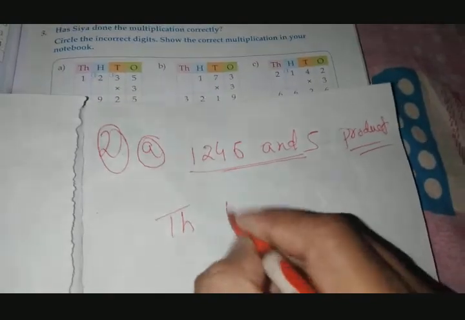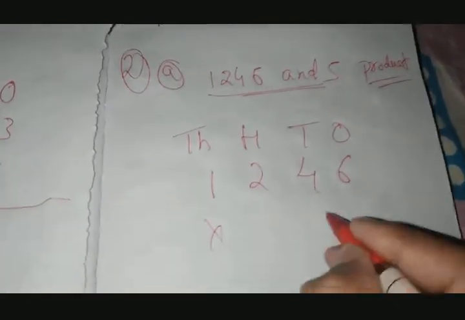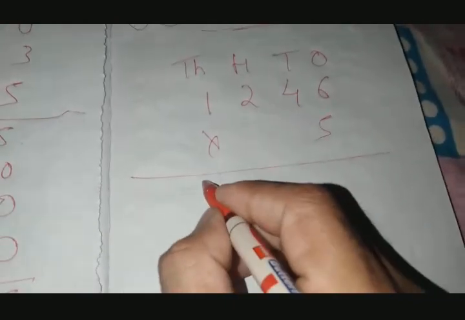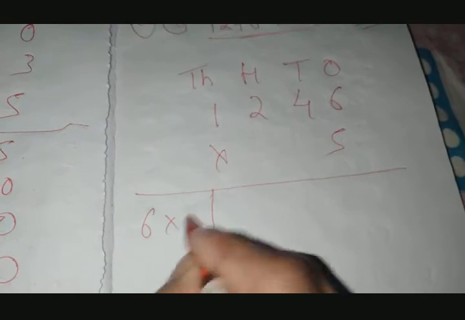That means multiply. So first we arrange it: thousands, hundreds, tens and ones. 1246 multiplied with 5. First we do this process. See, 6 into 5, it is in the units place, we got 30.